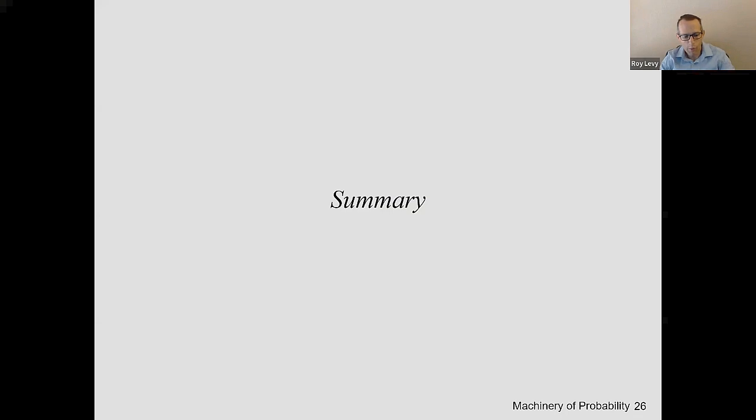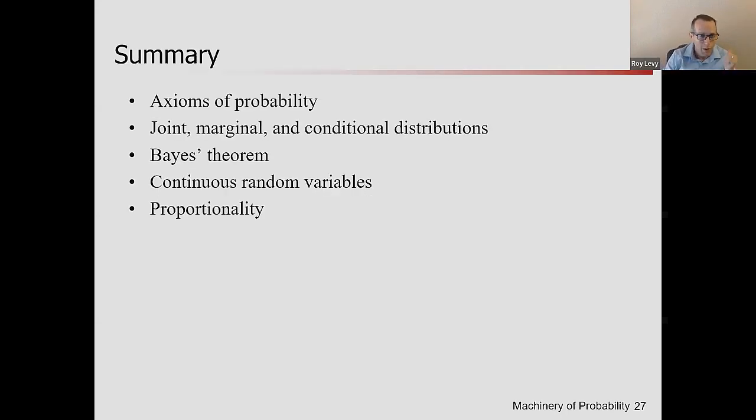Quick summary of what we've been doing so far. We have quickly reviewed ideas about the machinery of probability, some of the axioms. We've introduced things like joint distributions for more than one variable, marginal distributions, that's when we have many variables, but we want to talk about one without mention of the others, and conditional distributions, that's when we have multiple variables and we want to talk about one given the other variable.